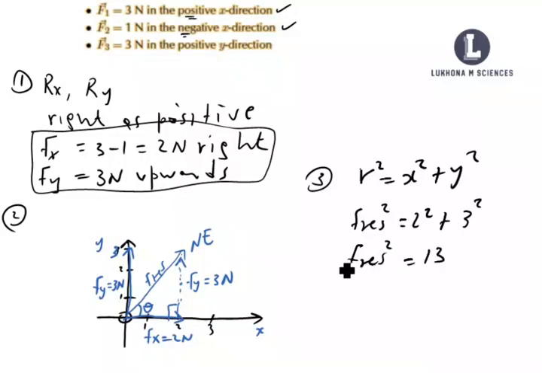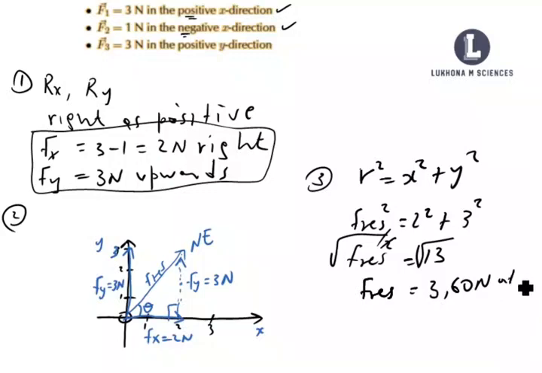Then we put the square root, then F-res is equal to the square root of 13, which is 3,60 newtons.